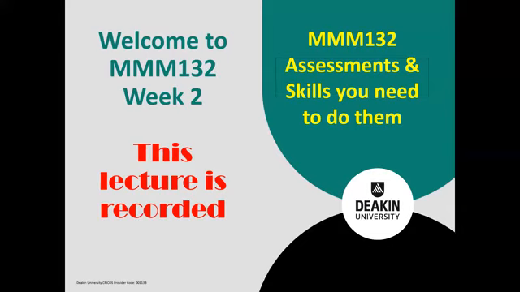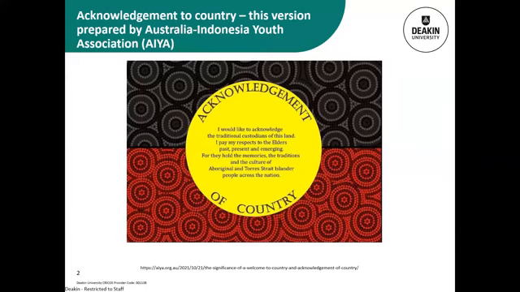Before we proceed too much further, similar to last week, we'll do an acknowledgement of country. What we're looking at here is the Australian Indonesian Youth Association's acknowledgement of country.